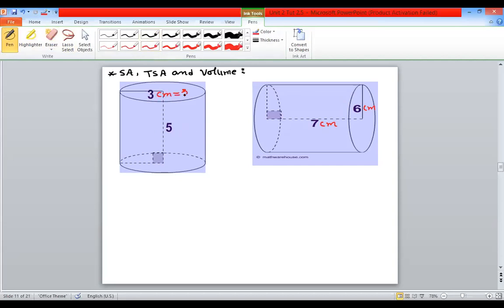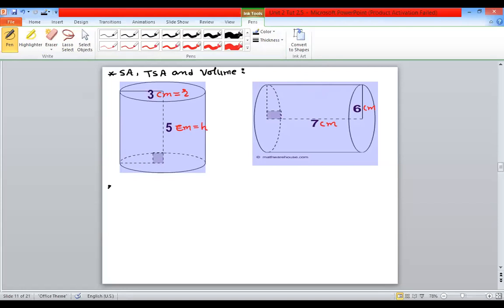This is the height. So let me solve this cylinder. This one is for you, tell me this answer, 6 and 7. I'm doing the 3 and 5.